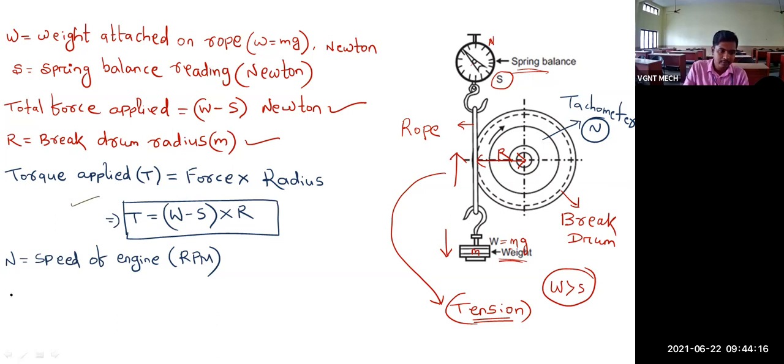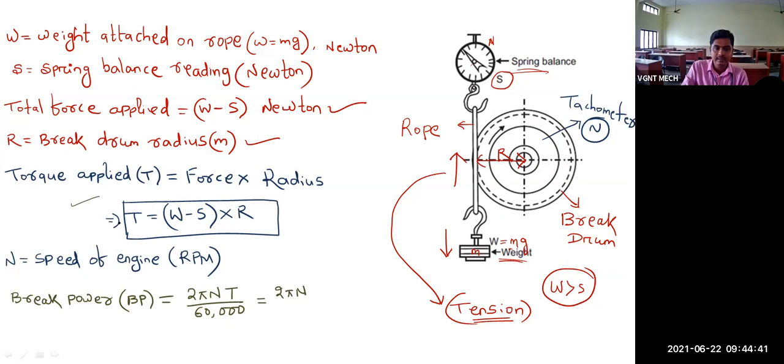So we can calculate the brake power: BP equal to 2 pi N T divided by 60,000.